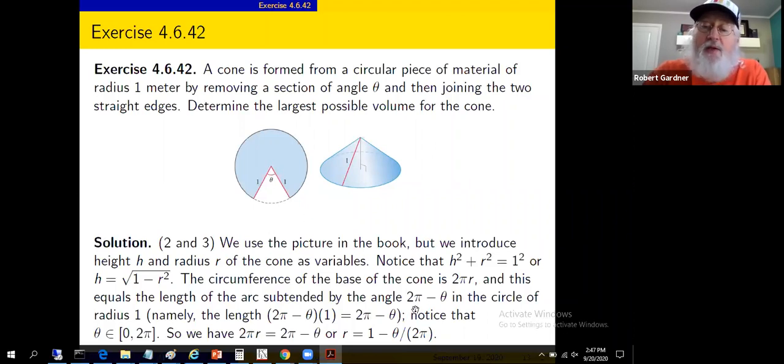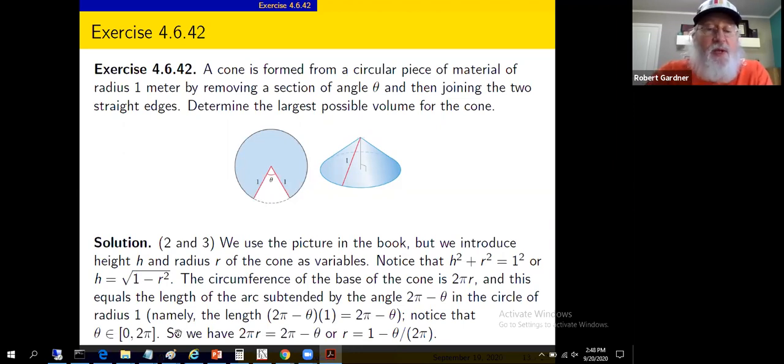So no matter how you slice it, you get 2 pi minus theta as the distance around. I could take the total distance around, 2 pi, and subtract this little bit, theta, and we get 2 pi minus theta. Or we could measure it in terms of the central angle, 2 pi minus theta, multiplied by radius, and you still get 2 pi minus theta.